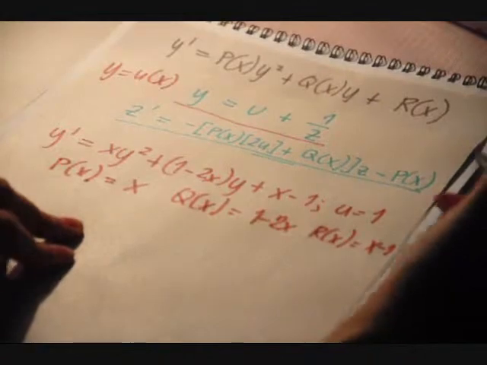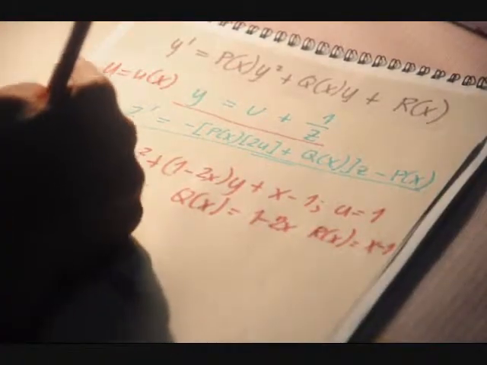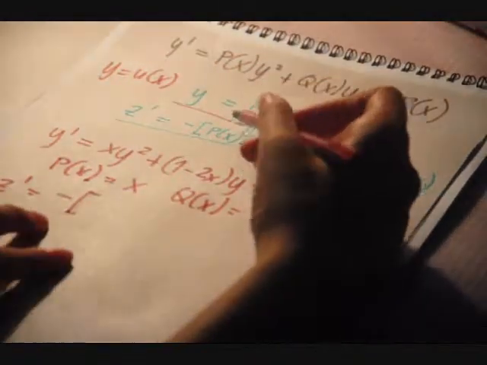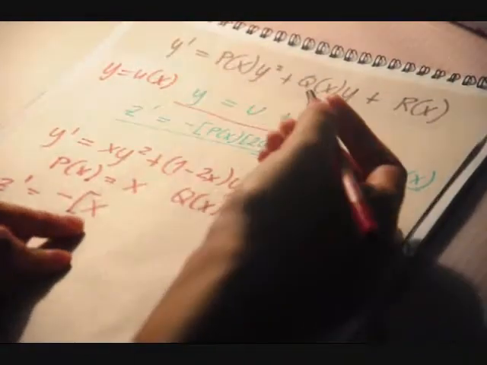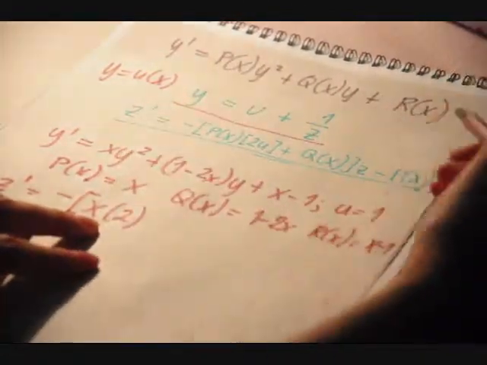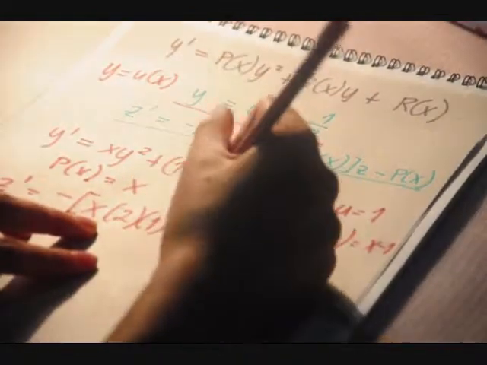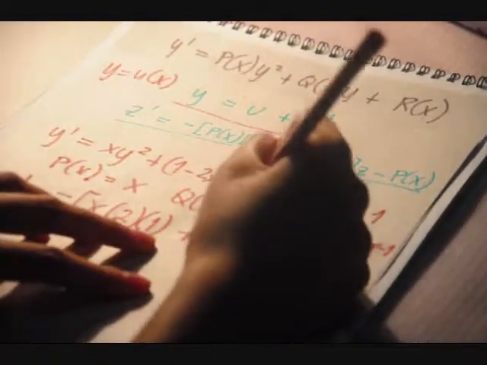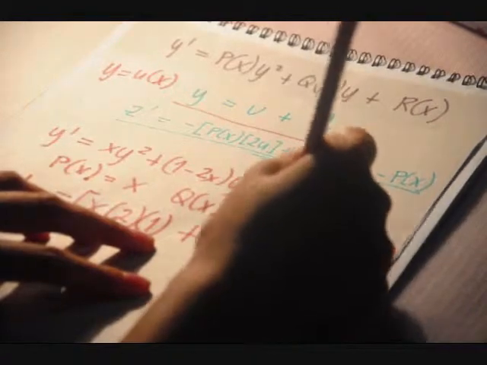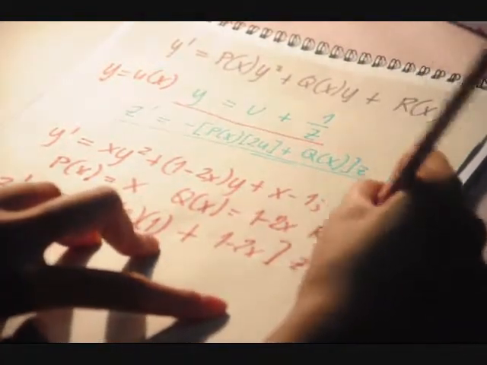Applying the linear first-order equation transformation of Riccati gives z prime is equal to negative. The p of x is x, times 2u. Our u is equal to 1, so this is 1, plus our q of x, which is 1 minus 2x, times z minus p of x, which is equal to x.